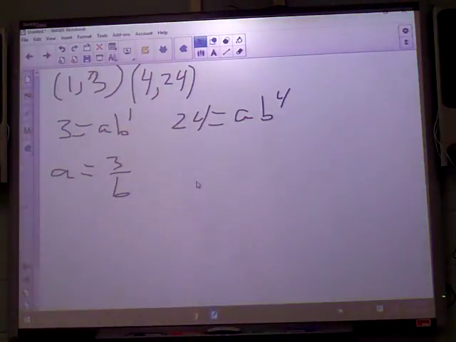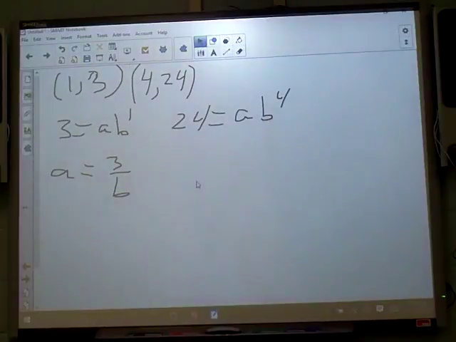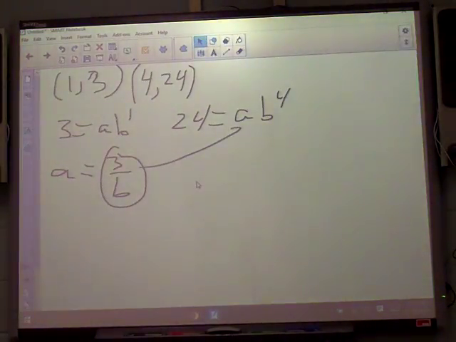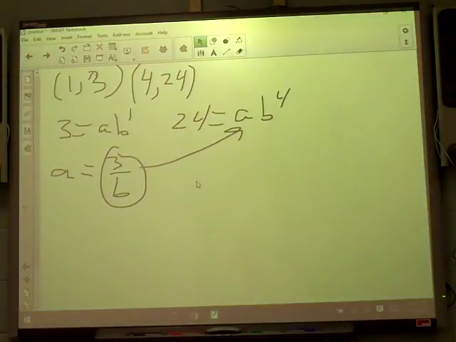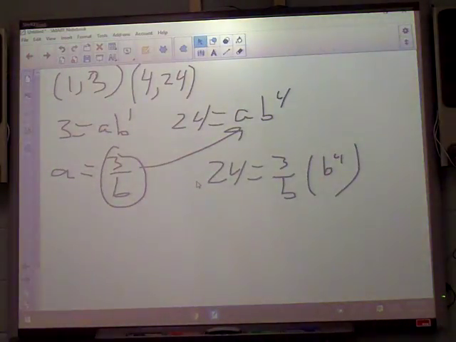All right, I've got my two equations set up. I solved my first one for A. You all right on that? Yeah. So I'm going to plug that in to my other one in the A spot. So I've got 24 equals 3 over B times B to the fourth. What does B to the fourth over B reduce to?